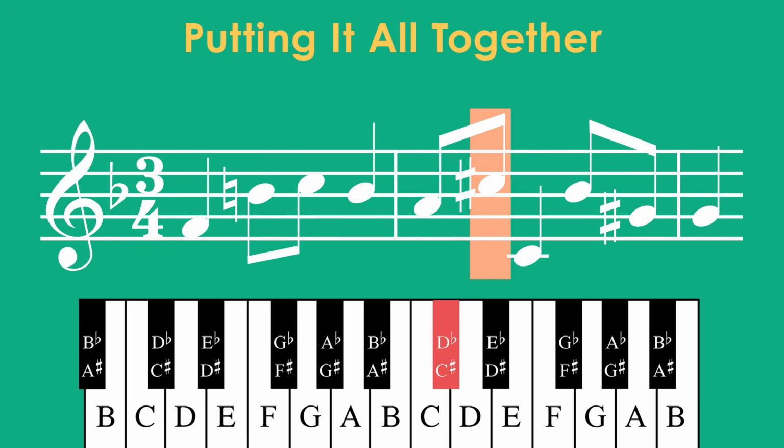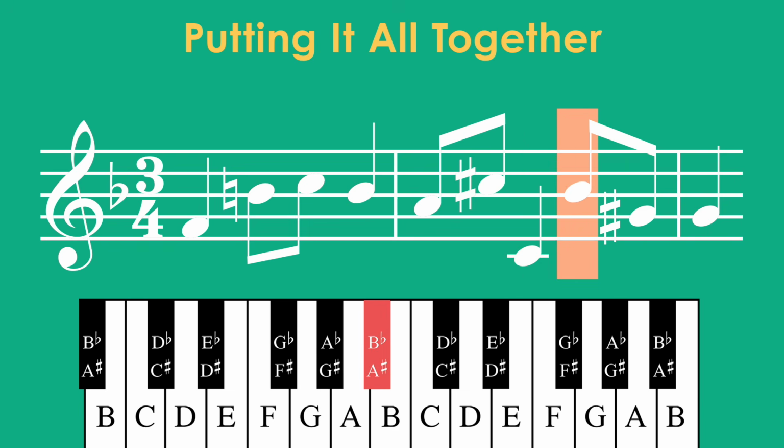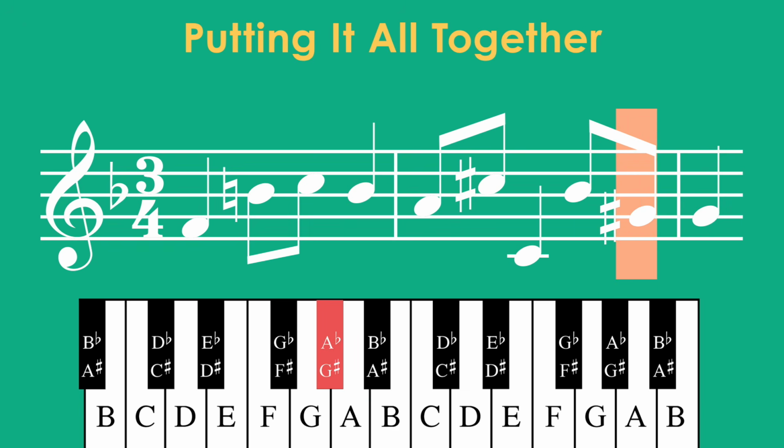The next note is C because that sharp doesn't affect other octaves. The next note is B flat because of the key signature. The next note is G sharp because of the sharp sign. And the last note is G because the G sharp does not carry over the bar line.